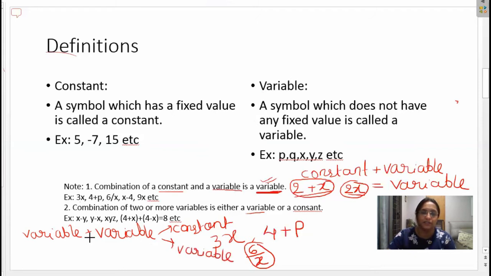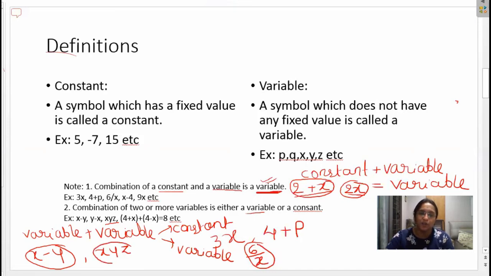Let us check this one. x minus y. So x minus y, x is also a variable, y is also a variable. Together x minus y is a variable. Similarly, y minus x. Then x, y, z. x multiplied by y multiplied with z.